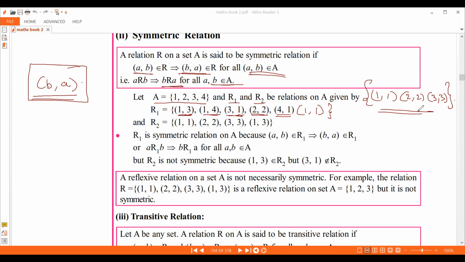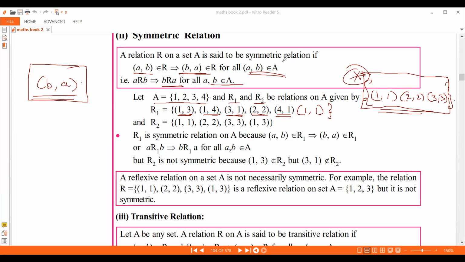So this relation, 1 1, 2 2, 3 3, is symmetric as well as reflexive. It is satisfying both properties. This is symmetric as well as reflexive. Got the idea? Clear?